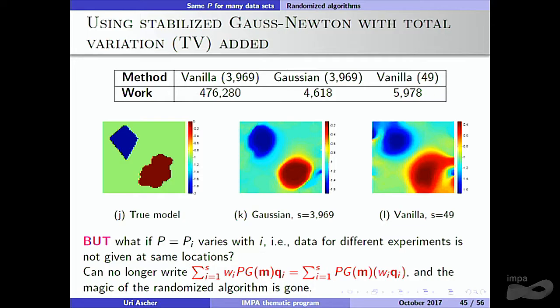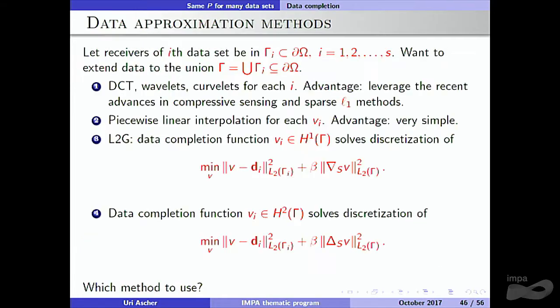So in this case, what you want to do is complete the data. You have different P_i, each one of them corresponds to different places where you measure the data. How about the union of them? If I have the data everywhere where one of the experiments is measured, then I'm happy and I can produce this.